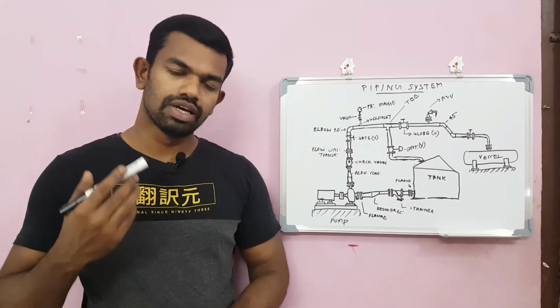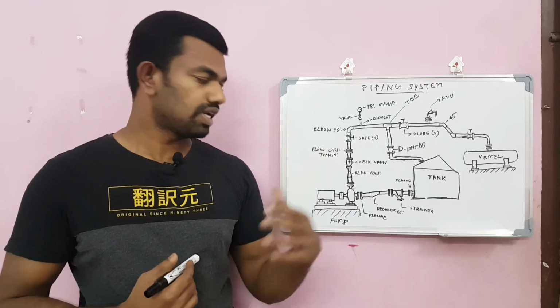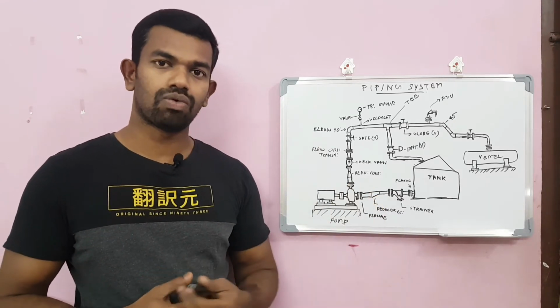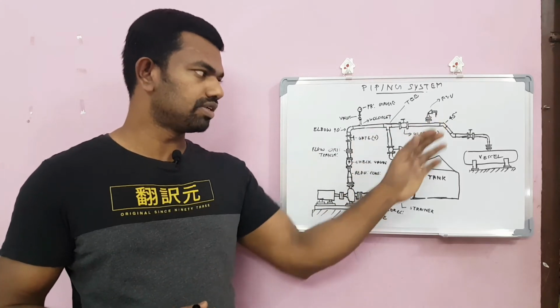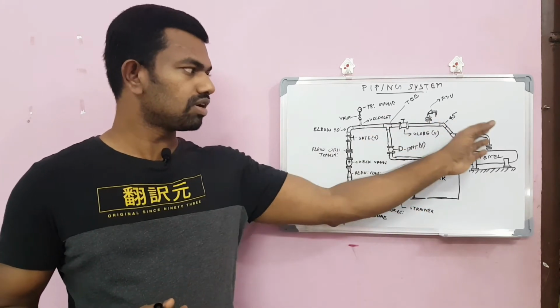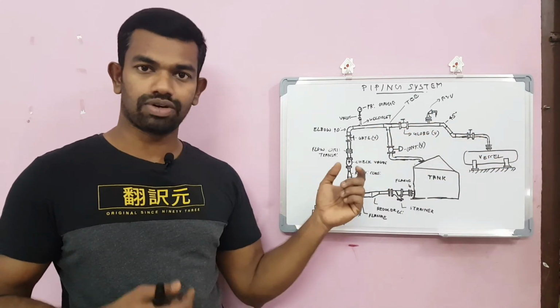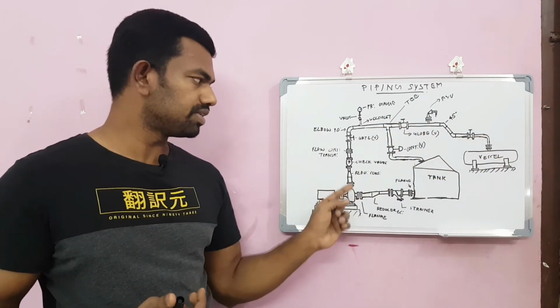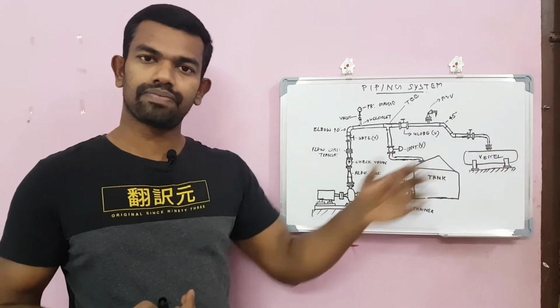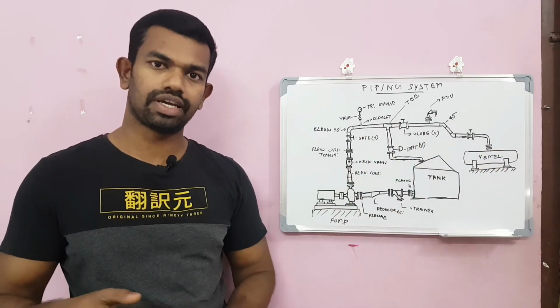sometimes we need to run this pump only for testing, not for operation. Operation means the flow goes to the destinations, but for testing or troubleshooting we need to run only this machine, with no need to take this flow to the other equipments at the end.